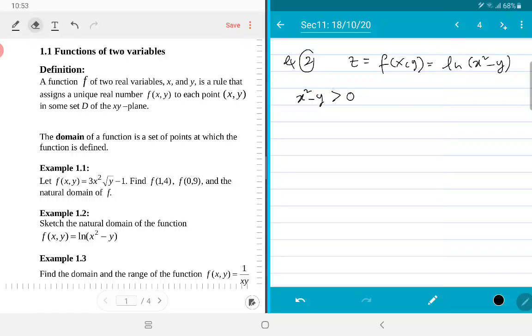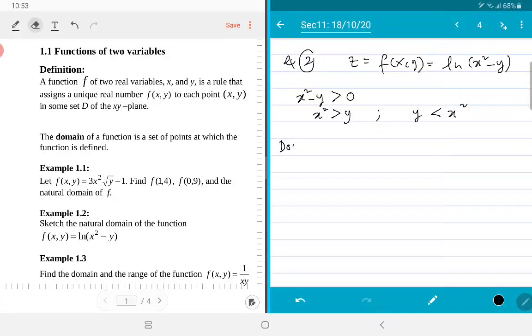Okay, so from here, once we know that x squared minus y must be larger than 0, we can do some mathematical manipulation by taking away y from both sides. So we have this. To make it more professional, instead of writing it this way, we can write it as y less than x squared. Now we can write down the domain.